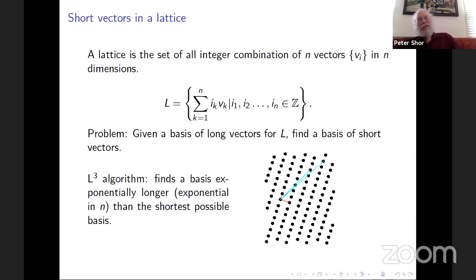The famous algorithm for this is the Lenstra-Lovász algorithm, which finds a basis that is exponentially longer in the dimension n than the shortest possible basis. And I don't think there are any algorithms today that do better than exponentially longer than the shortest possible basis.